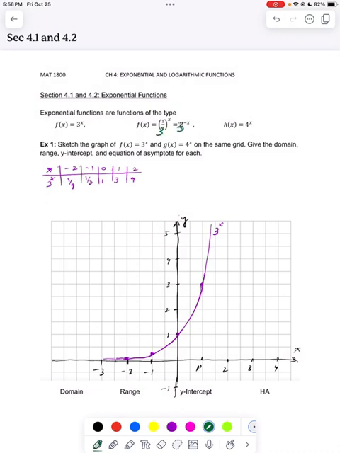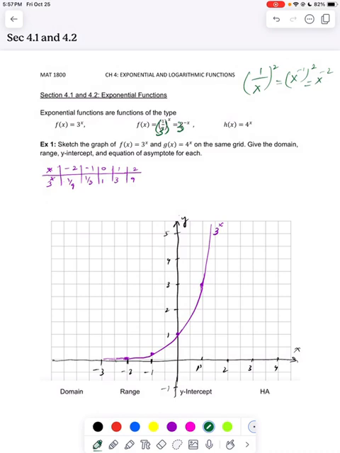Now we are going to graph 1/3 to the x, but if you recall from your exponent rules, if you have (1/x) whole squared, then this can be written as x to the negative 1 whole squared, which is equal to x to the negative 2.